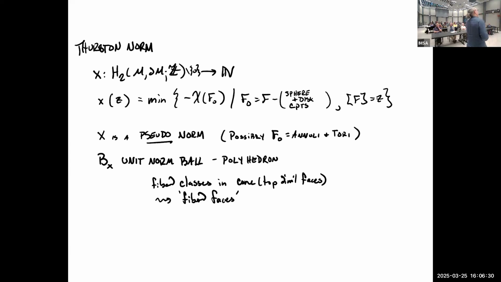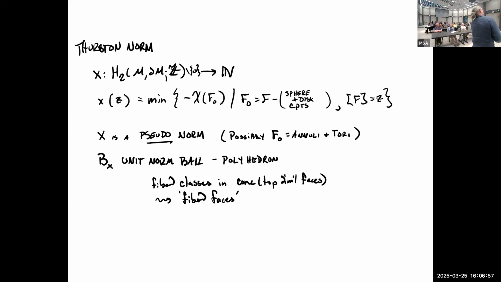But this is a function from the second homology, the non-zero classes, where you count the negative Euler characteristic of representatives of your second homology class, but you throw away any spheres and disks, the ones that would have positive Euler characteristic. And those surfaces you tend to want to get rid of regardless anyway.